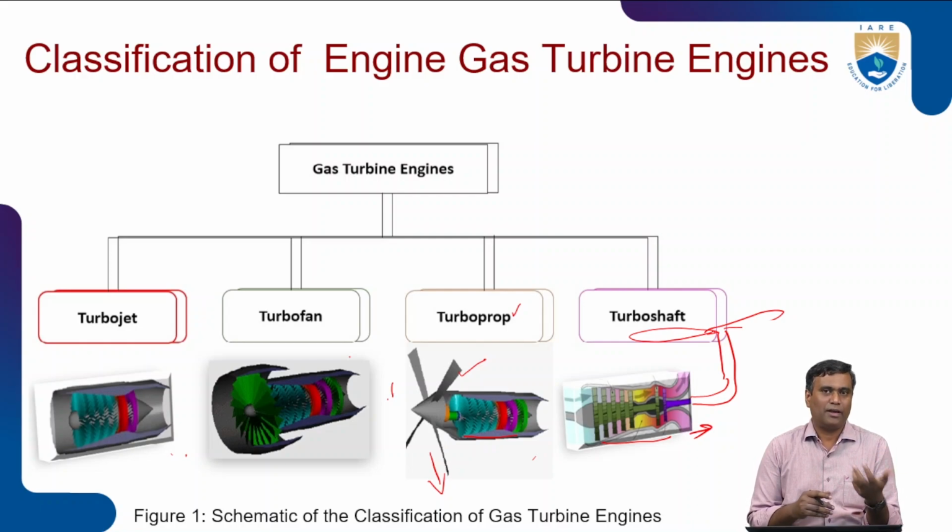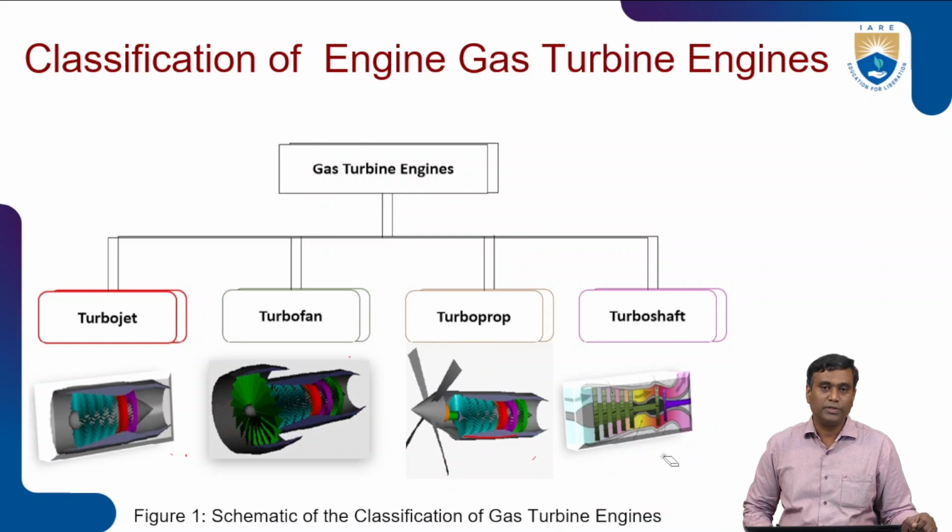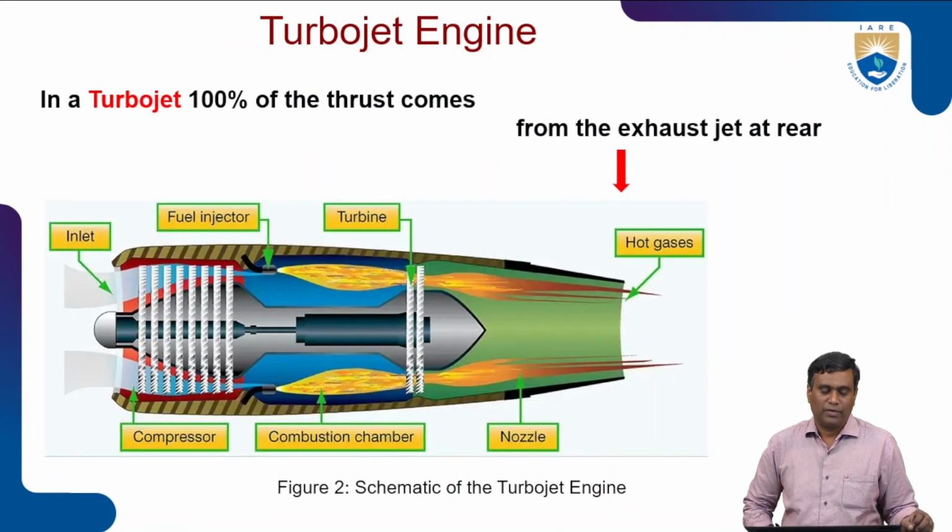Otherwise, at high speeds, the aerodynamic performance of these blades will be limited. That's the reason these are being used for low altitude, low speed applications when you are comparing with turbojet and turbofan. We'll spend a few more details on these both engines, turboprop and turboshaft.